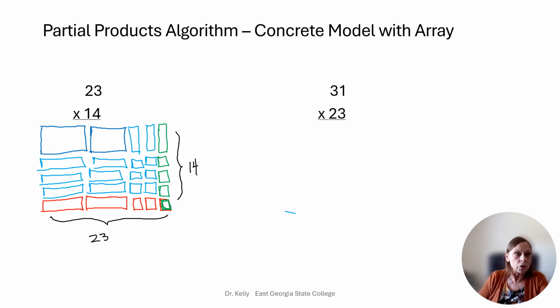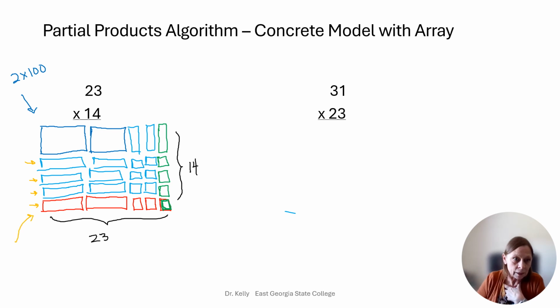Okay, and now let's look at what this actually gives us here. Right here we have 2 times 100. And then if you look at this way, this is 20.